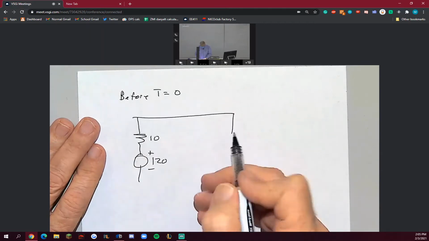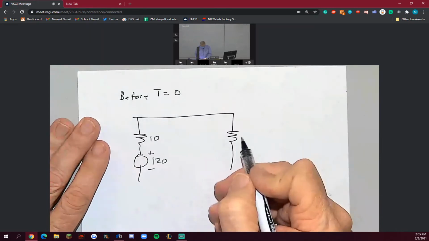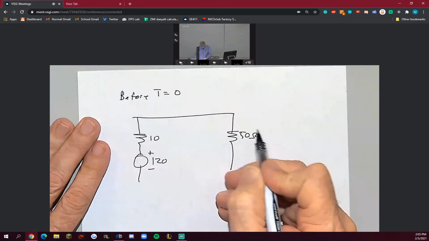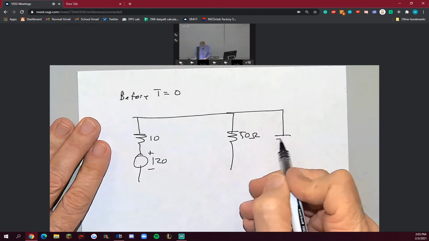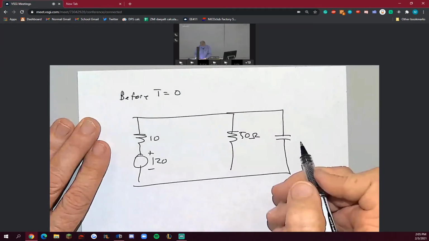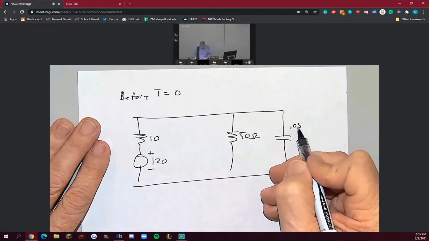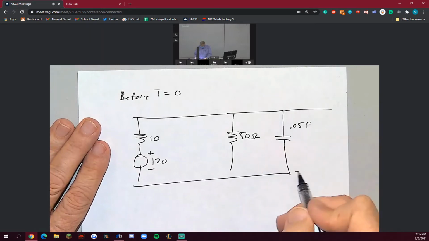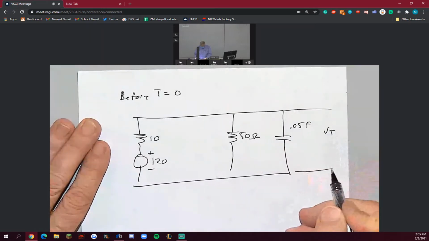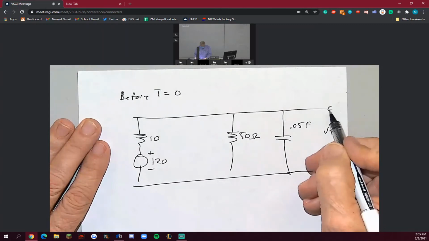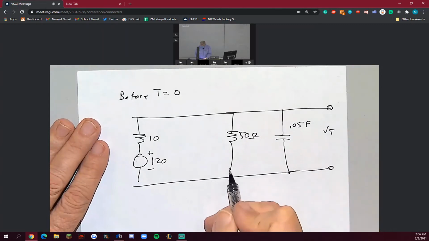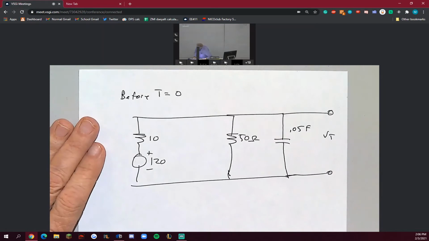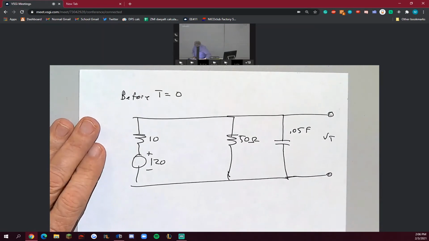It comes over, there's a resistor that comes down, 50 ohms, capacitor, and this is 0.05 farads. And we're looking for V of t. Okay, so this is pretty straightforward.